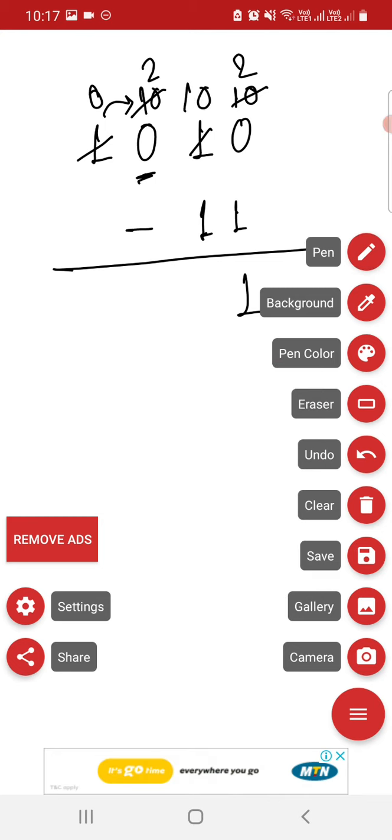Then you can subtract, that means 2 minus 1, that is 1. That will be 1. 1 minus 0, that will be 1. And this is 0, will be 0. That means the answer will be 0 1 1. Is it clear? Okay, I am showing it again.